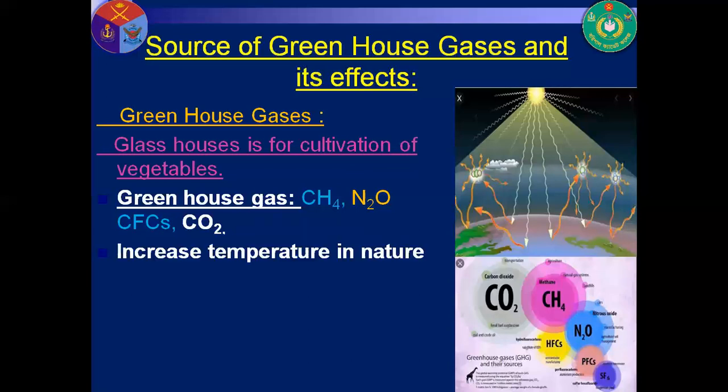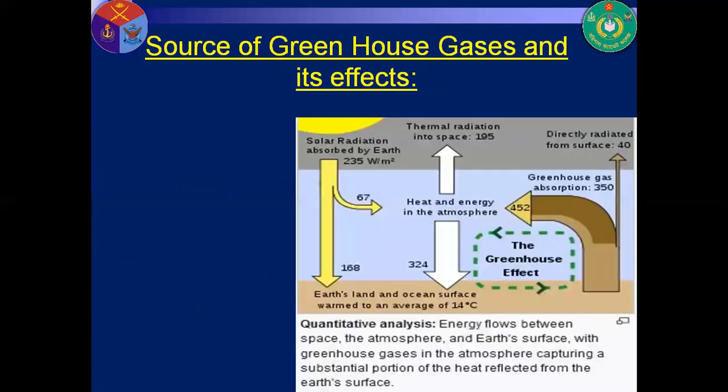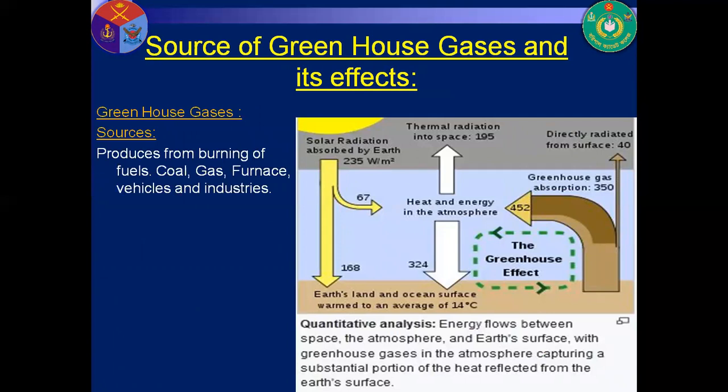Increasing the temperature in nature imbalances the environment. Suppose deforestation and water level increase. These types of problems are created by greenhouse gases. So, what are the effects of the greenhouse gas? Sources: these gases are produced from coal, fuel, gas, furnaces, vehicles, industries, household activities, and different types of plants.